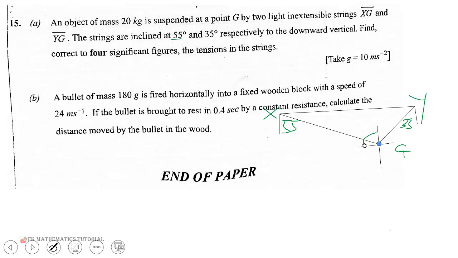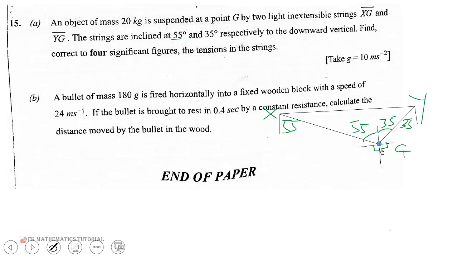So by alternate angles, this will be 55. This will also be 35. So this angle here will be 55 plus 35, which is 90 degrees. Now we know that already this is 90. This is also 90. Good.